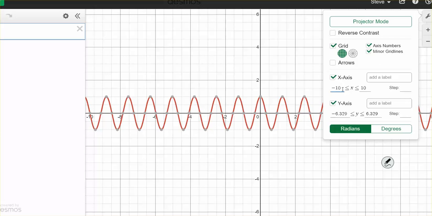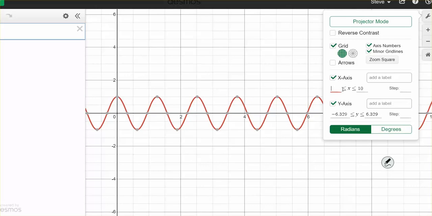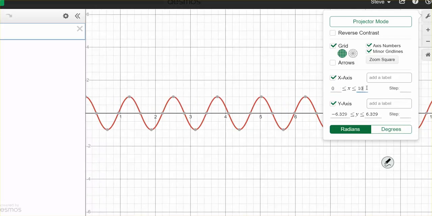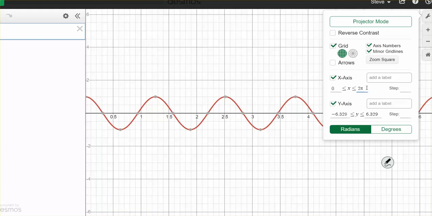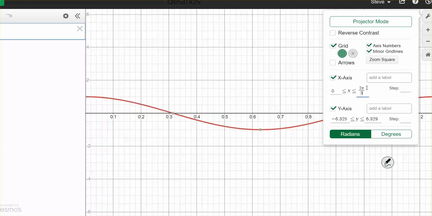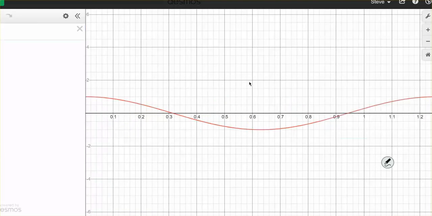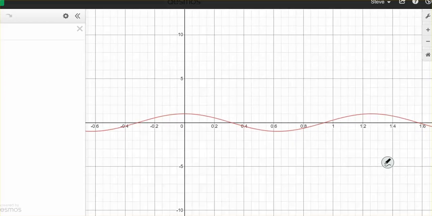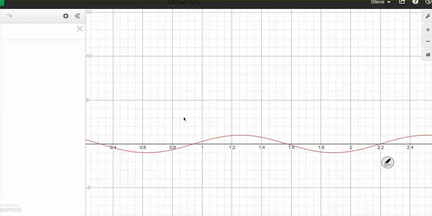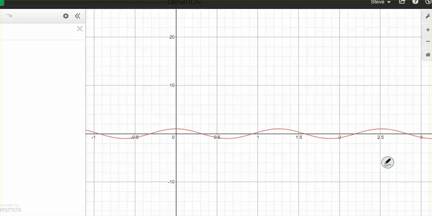If you look, I'm going to go from 0 to 2 pi over 5. And you can see as I zoom in and out, here is one complete cycle of the cosine.